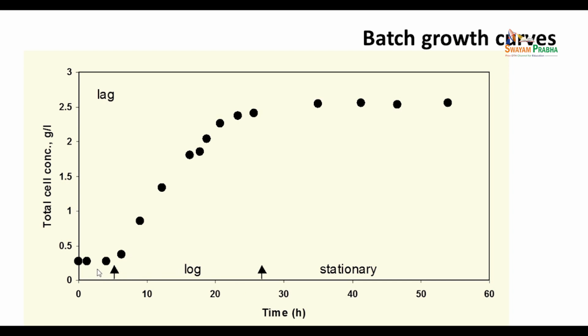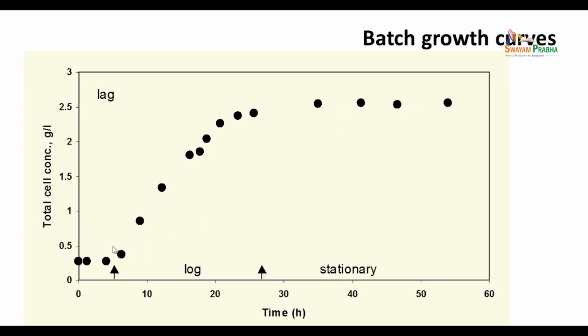As you can see, till about, let us say, 5-6 hours, there is no change in the total cell concentration. At around 6 hours, the cell concentration starts to increase till about 28 hours, and then it goes flat.